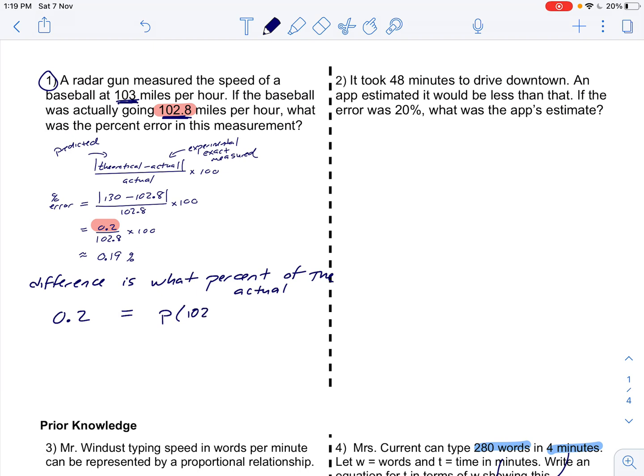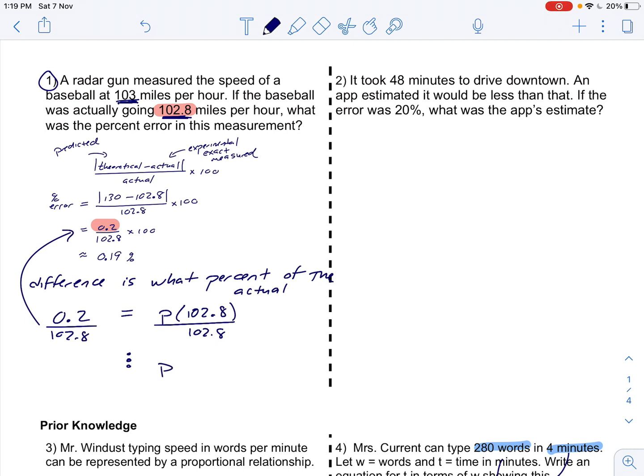So it's P times 102.8. That's a one-step equation. I'm going to divide both sides by 102.8. At this point, I don't need to do any further calculating because I've already done 0.2 divided by 102.8 right up here.